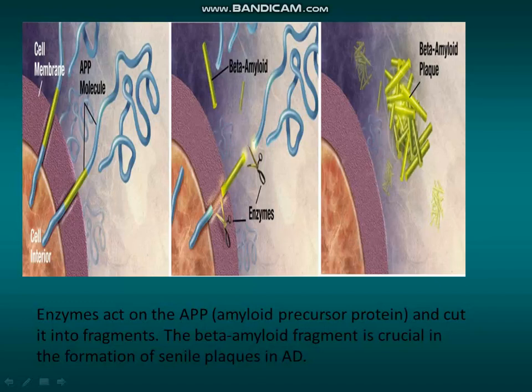In Alzheimer's disease, there is abnormal cleavage of the amyloid precursor protein by certain enzymatic activity and the cleavage of beta amyloid fragments, and the accumulation of these fragments forming beta amyloid plaques. Beta amyloid plaques accumulate outside the neurons.